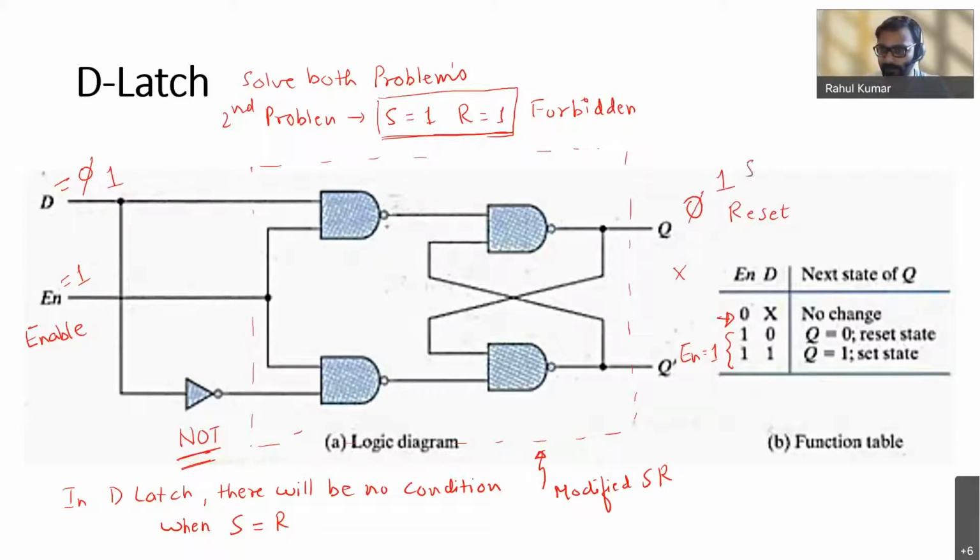That means your set state. So whatever the input is, the same will be the output in case of the D latch. Okay, so your input is equal to output, provided the enable pin is 1.